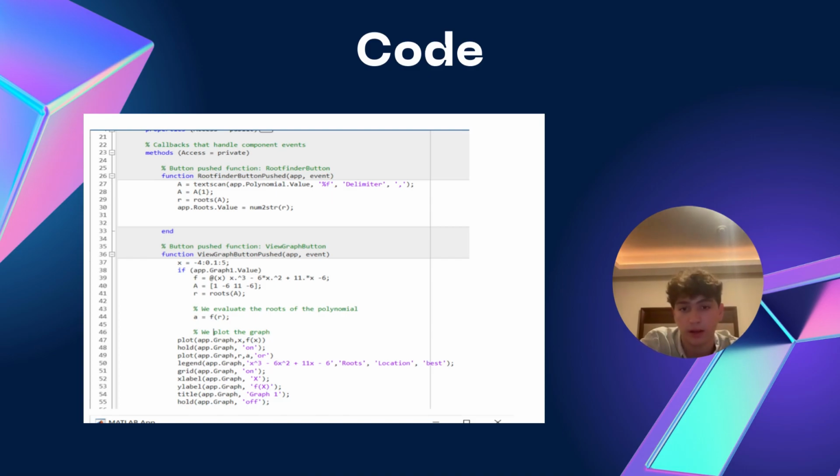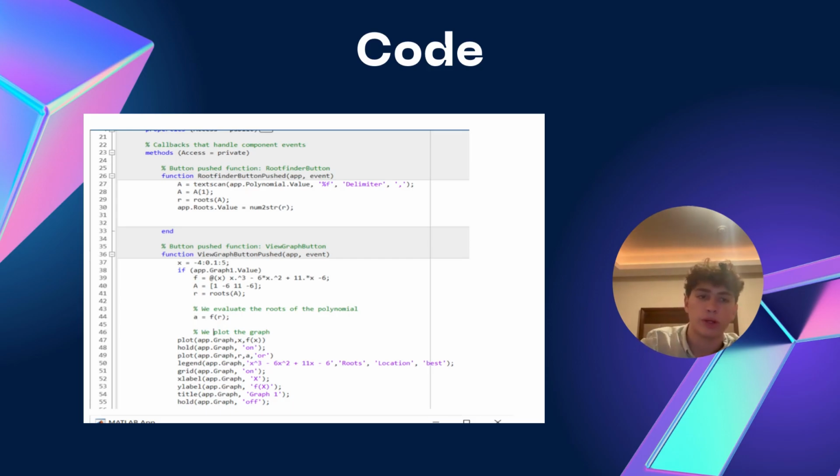Then we go with the graph function, the part that we see visually, and we have the function view graph push tab, which you can see there. With my hands, I cannot show you clearly, but this function is triggered when the view graph button is clicked. Then we can see the function f = ax^3, all that, which defines the polynomial function that is going to be plotted later.